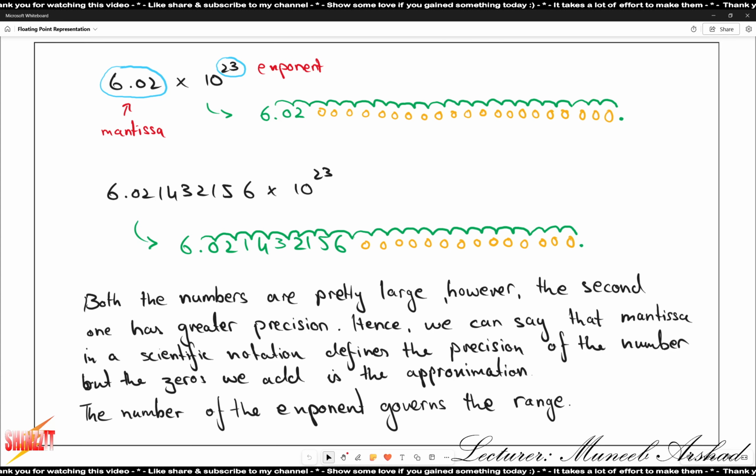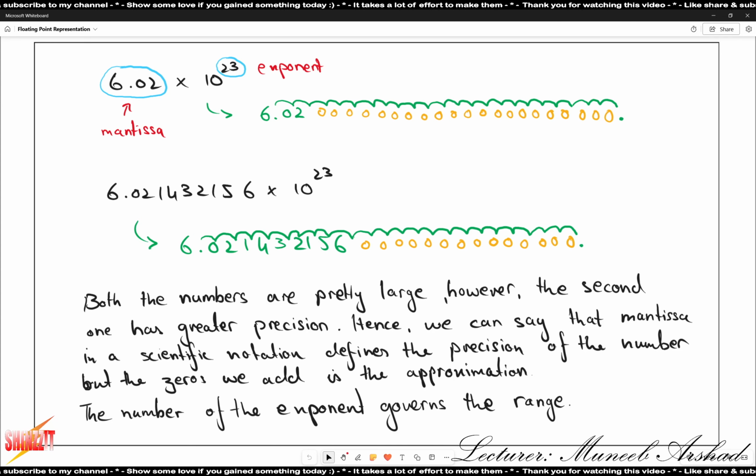Whereas the exponent actually refers to the range. Range का मतलब कि how many zeros you are going to add, how many digits we are basically using as an approximate. ठीक है? So both the numbers are pretty large. However, the second one has greater precision.